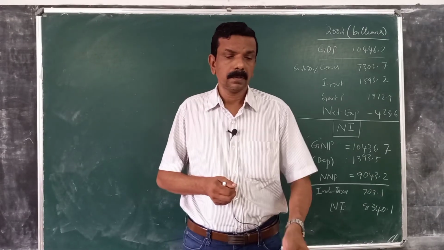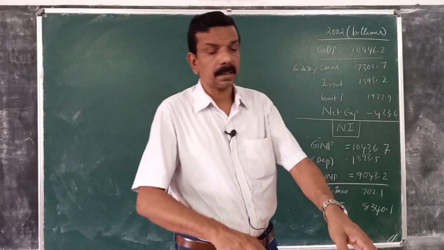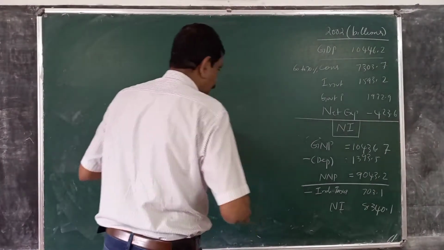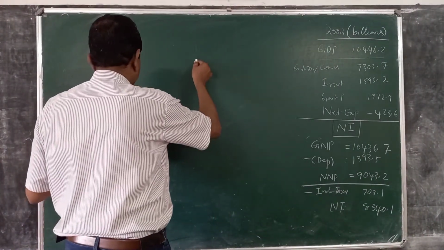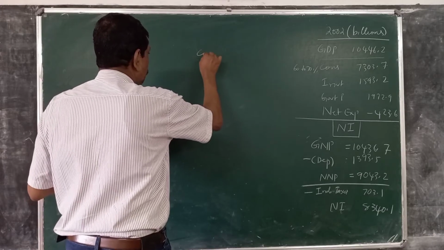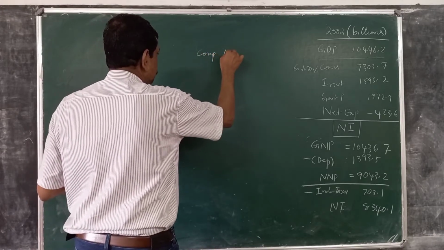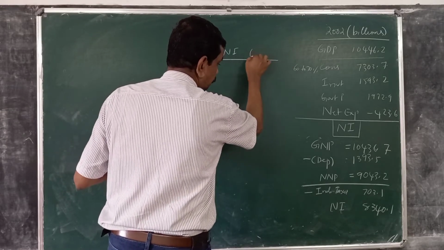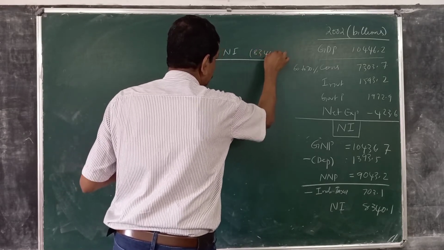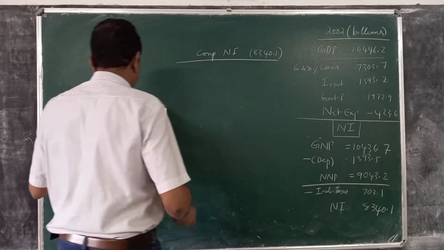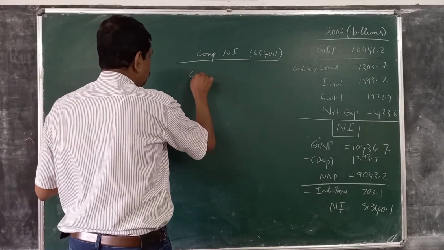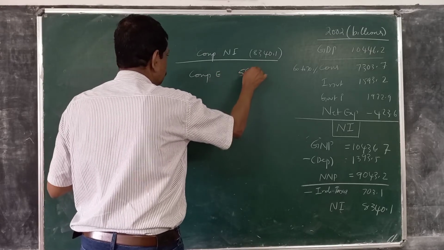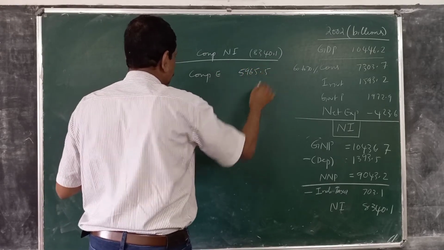Now, we have to see what are the components of national income. This national income is 8340.1. Of this, compensation to employees is 5965.5.